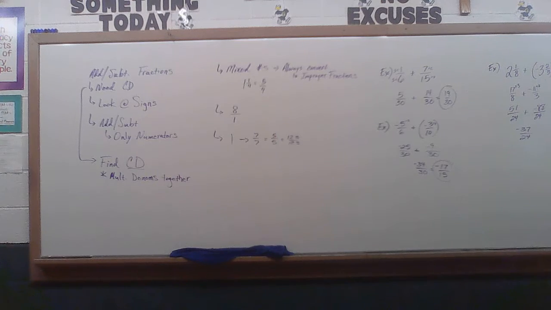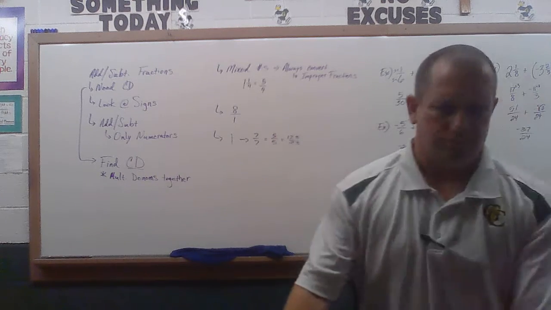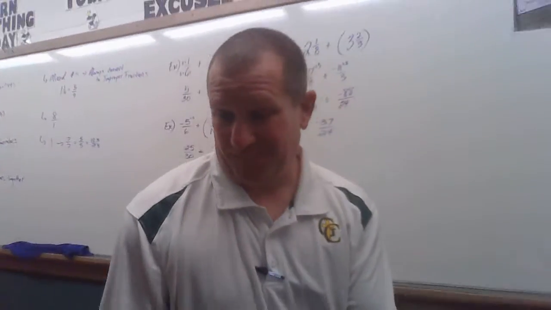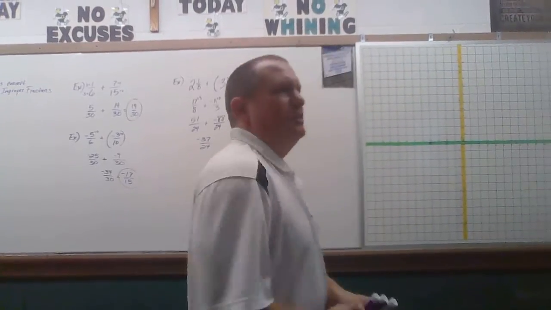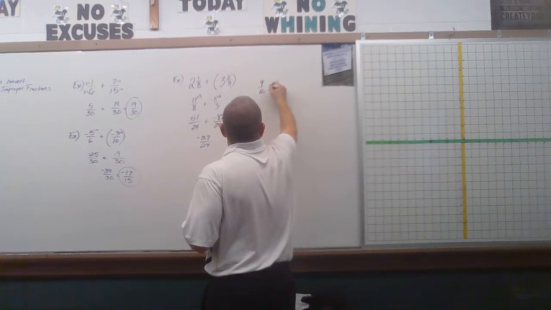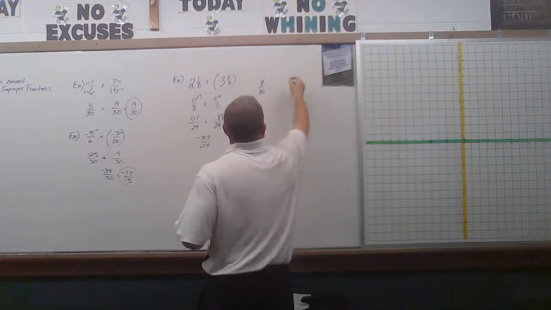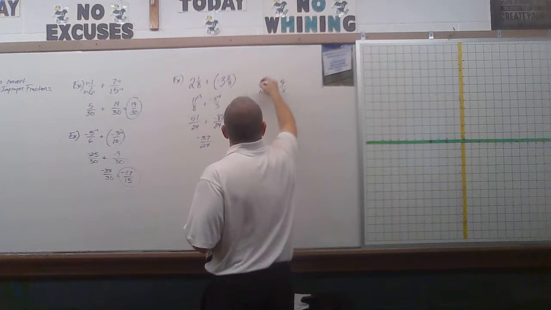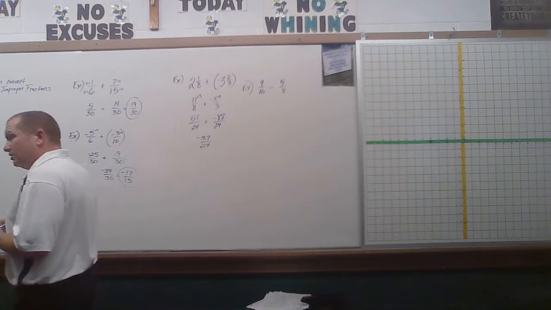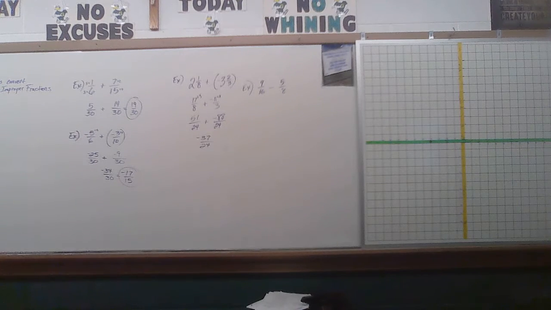So then we can do some subtraction problems. So we start out nice and simple. 9 over 16 minus 5/8. So this is a good one right here because if you look at my denominator, I can use one of my denominators, right?